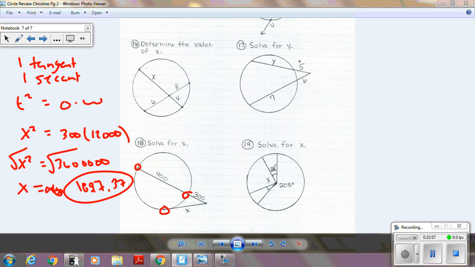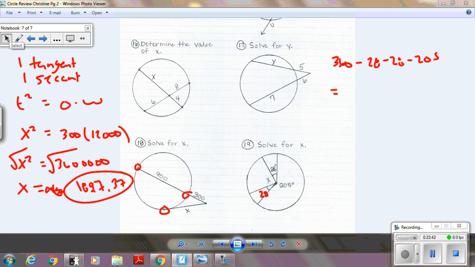And last question, number 19. We got to solve for x. Now, we know that this angle and this angle are congruent, so this one is also 28. And we know the whole circle is 360. So we could take 360 minus 28 minus 28 minus 205, and we would get our answer for x, because x represents the angle.